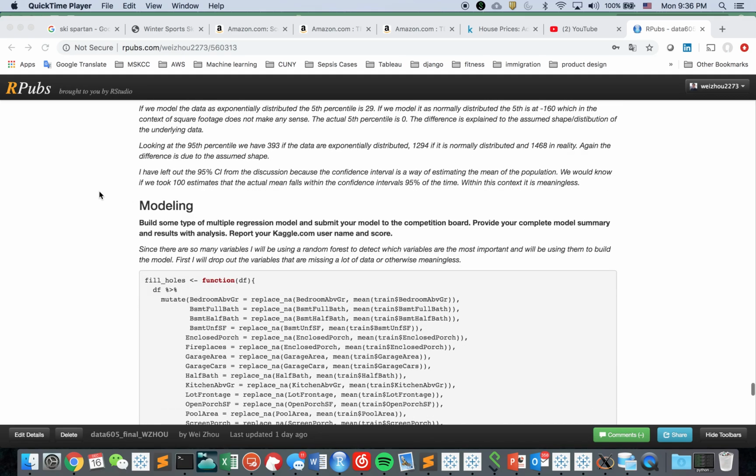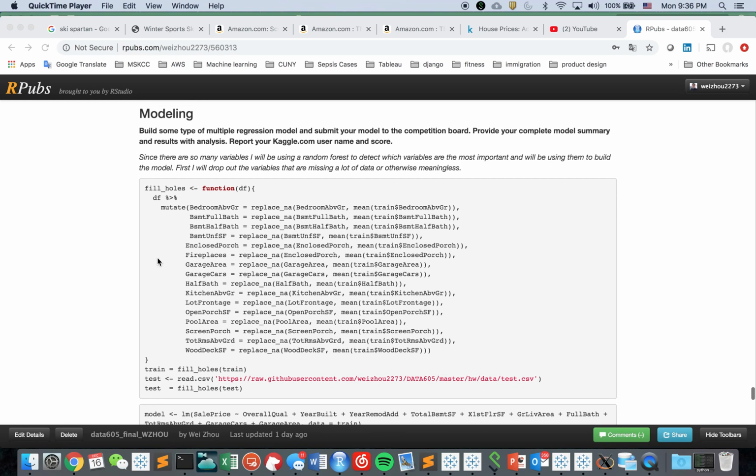The very end is to do the modeling. First of all, we need to use some type of multiple regression model. Here I'm just using a multiple variable linear regression. Before we do it, we need to handle the missing values.